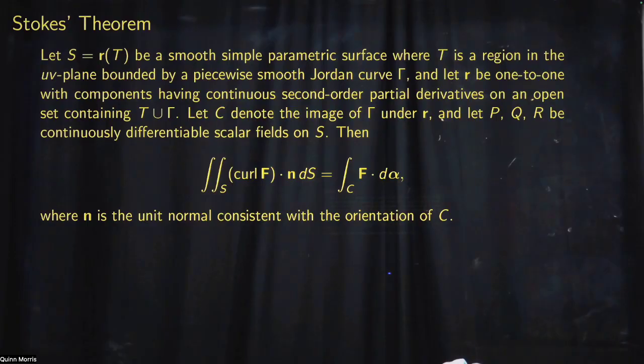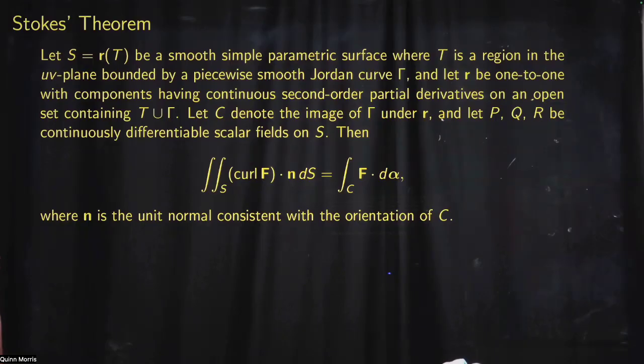And let the parameterization R be one-to-one with each of the components of R having continuous second-order partial derivatives on an open set which contains T union with gamma. Let C denote the image of gamma under R, and let P, Q, and R be continuously differentiable scalar fields on S. Okay.